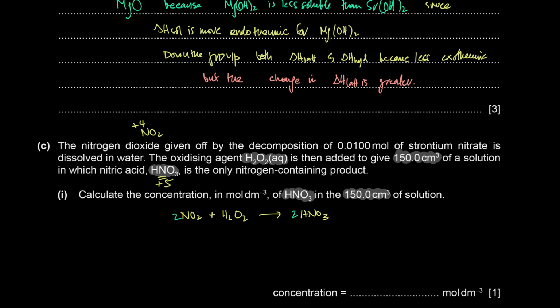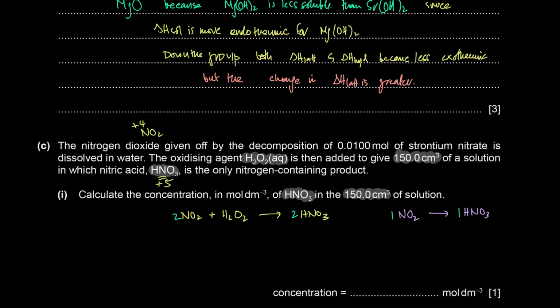Now, even if you're unable to construct this equation, what you should be able to identify is that for every 1 mole of nitrogen dioxide, you're going to produce how many moles of nitric acid? 1 mole. These will always be in a 1:1 ratio, since the nitrogen atoms can only come from one place.